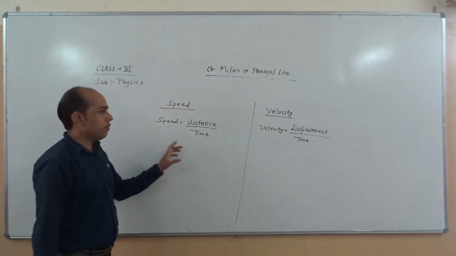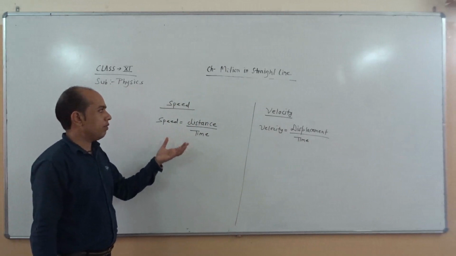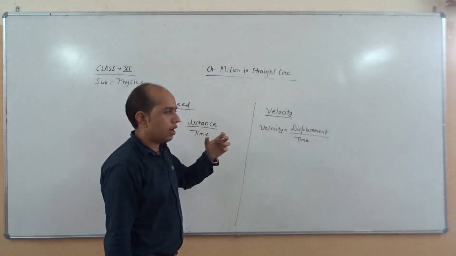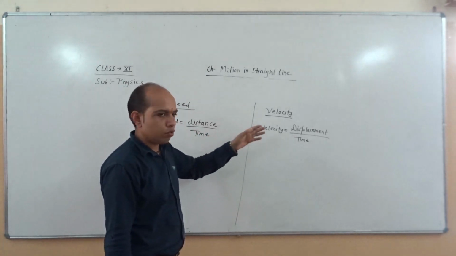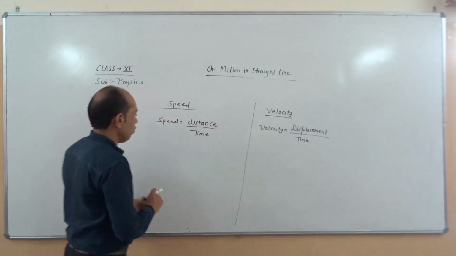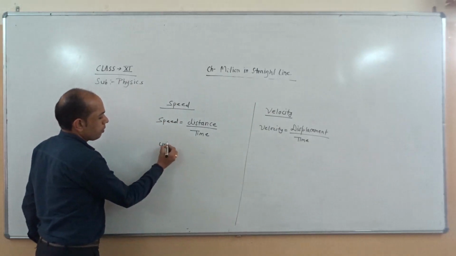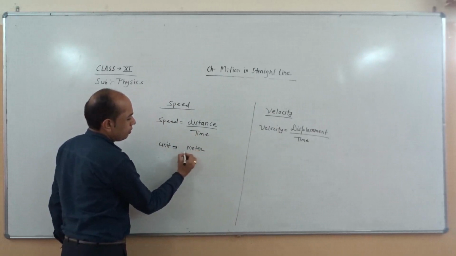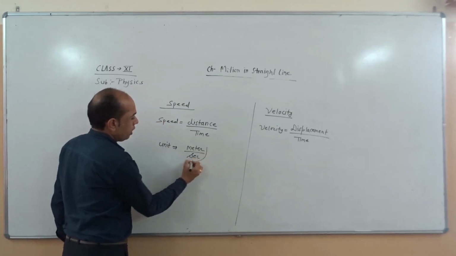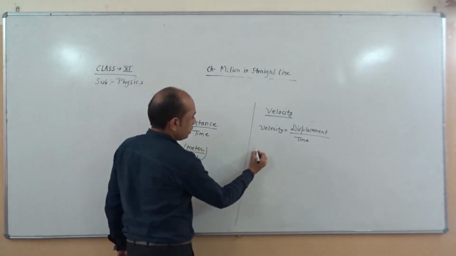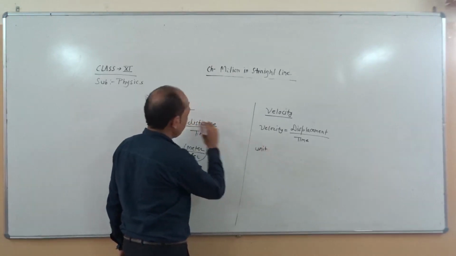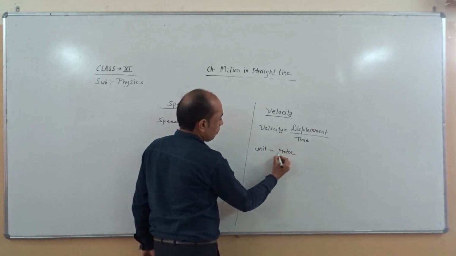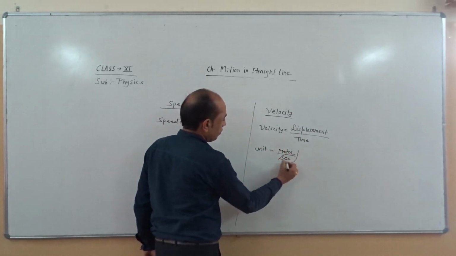So when an object travels a distance for a time interval, it is counted in terms of speed, and when we assign the direction with distance, it is counted in velocity. If we talk about the unit part, distance is in meter and time is in second. So meter per second is the unit for both speed and velocity.